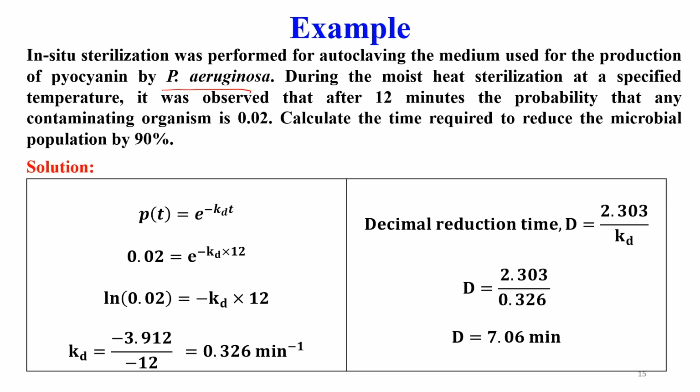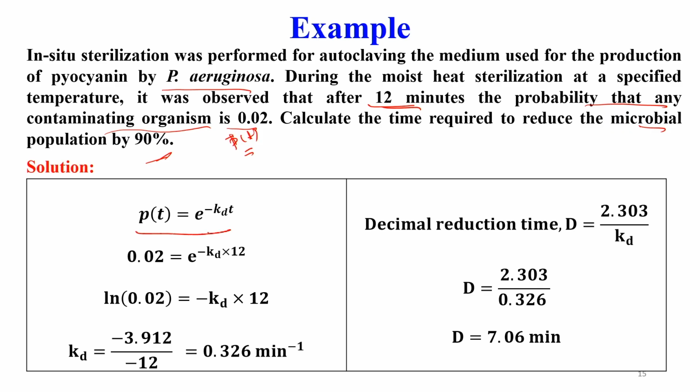During the moist heat sterilization at a specified temperature, it was observed that after 12 minutes, the probability that any contaminating organism survives is 0.02. It means this is small pt, and calculate the time required to reduce the microbial population by 90%. It means you have to calculate the decimal reduction time.